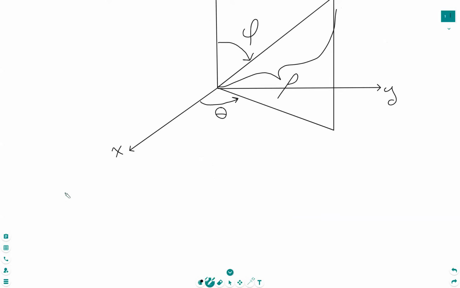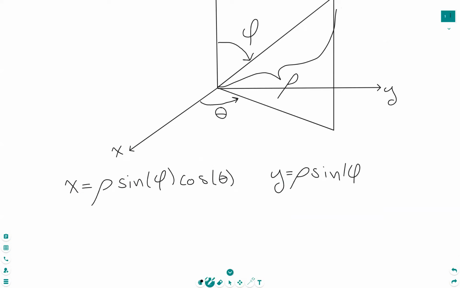So in terms of x, y, and z, we say that x is rho sine phi cosine theta. We have that y is rho sine phi sine theta.